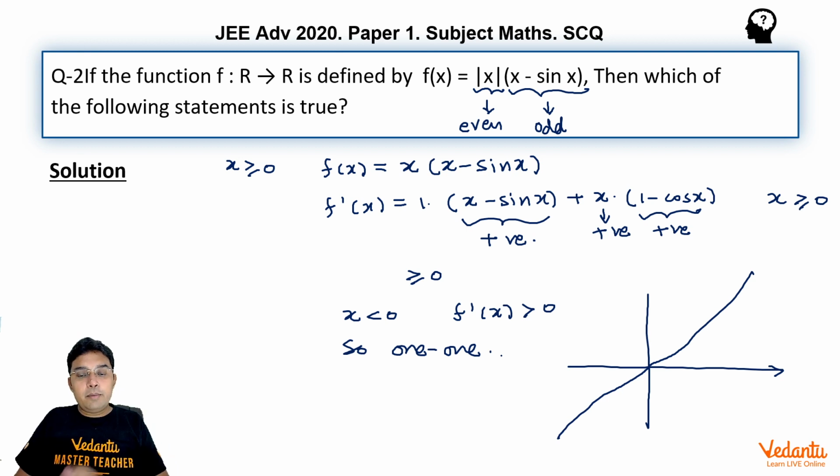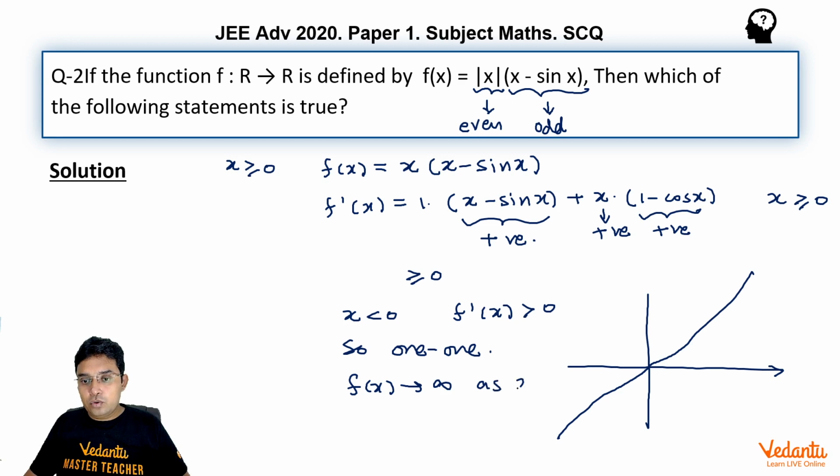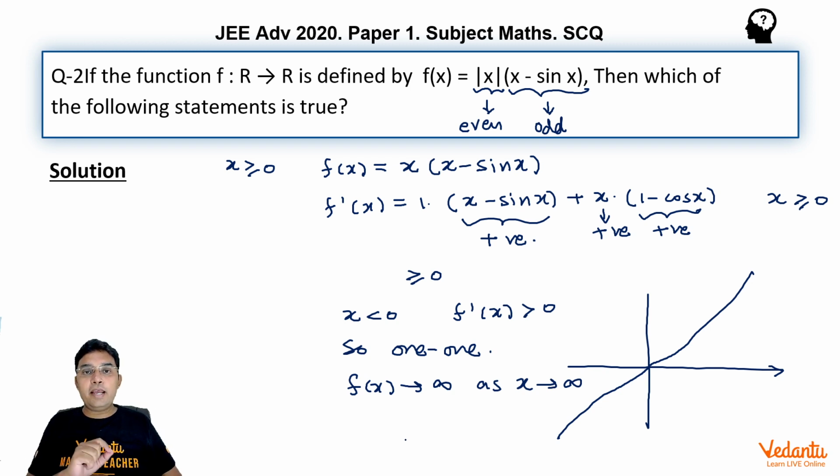Next, coming to onto. To find onto, we need to find the range. Now it is very easy to see that the function will go to infinity as x goes to infinity. x - sin x will be approaching infinity. Sin x can only take values between -1 and 1, so it will not stop this function from becoming infinite.